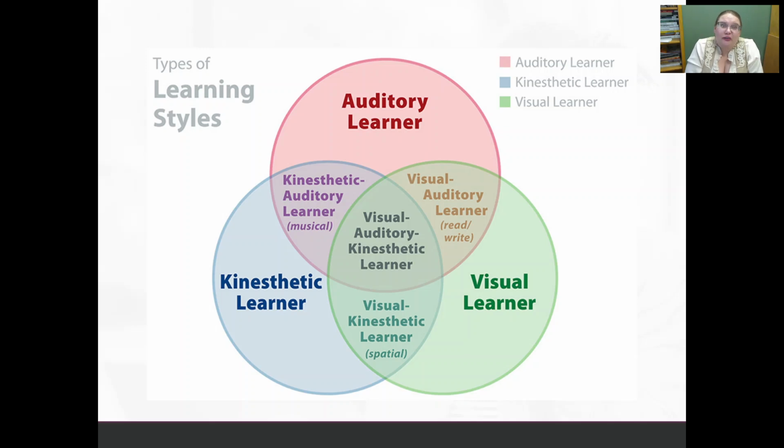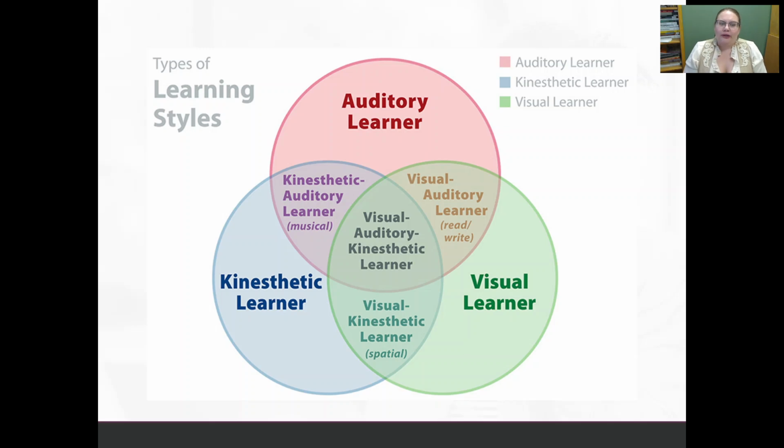It also has low validity, so we see that the tests that are actually used to measure the styles are not necessarily having face validity or even having those other types of validities that we talked about in this class. We can also see that there's a lot of confusion about the definitions of the styles.